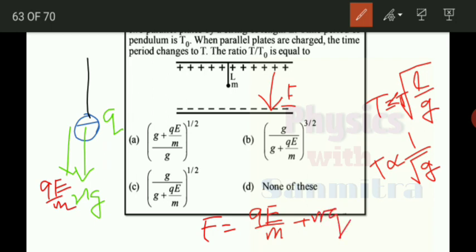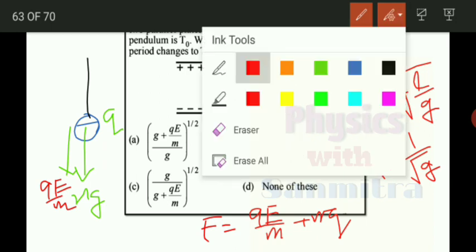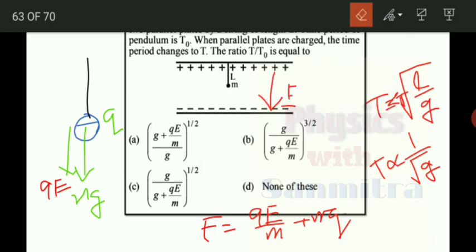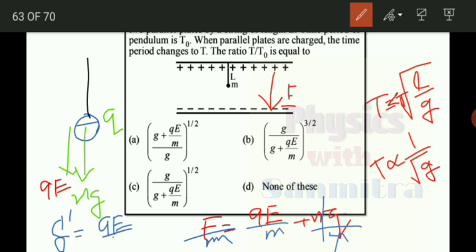The acceleration will be F by m, so that will be QE by m plus mg by m. The m cancels. That will be g dash, that is, I can write QE by m plus g.